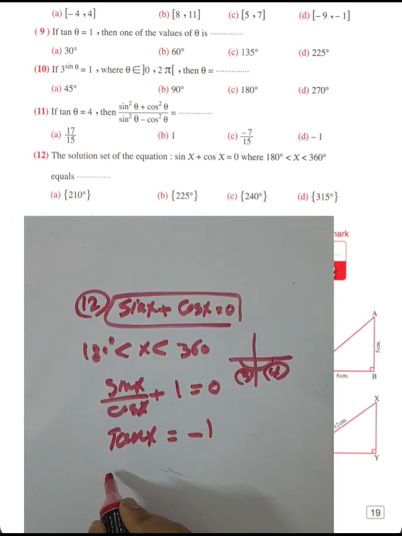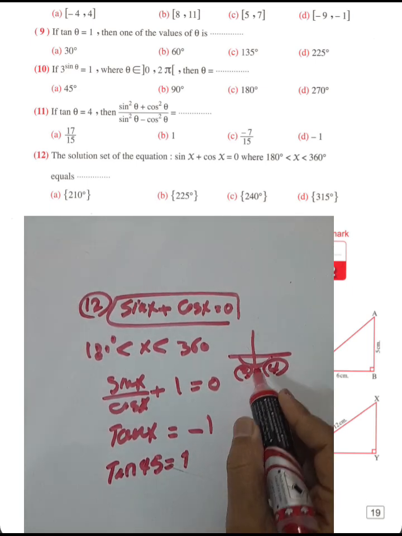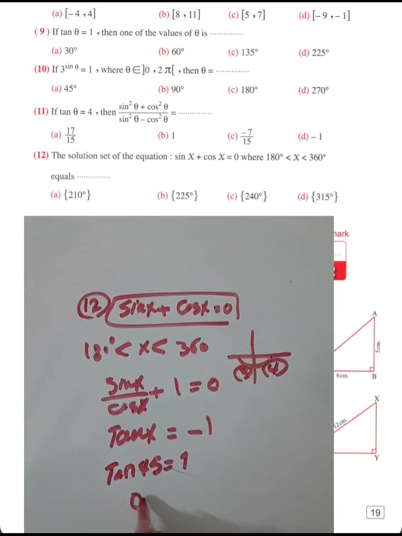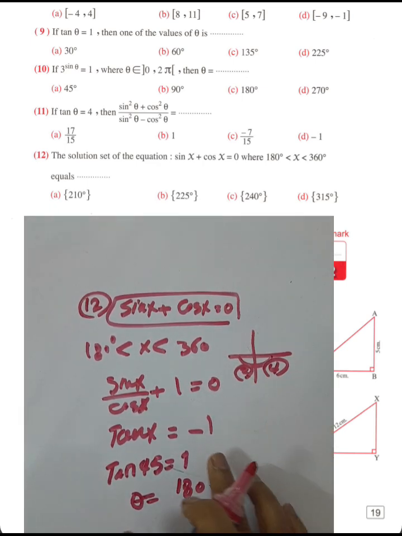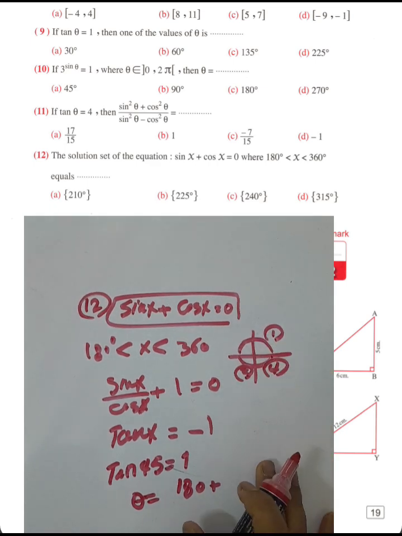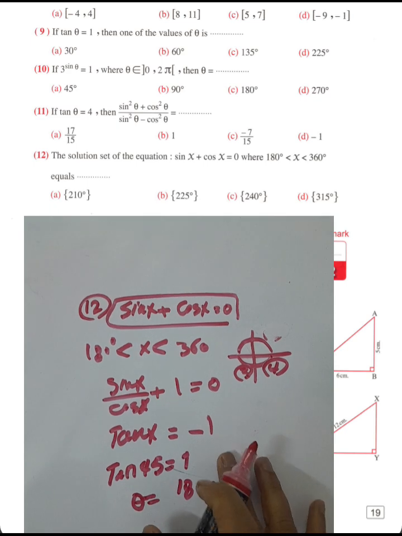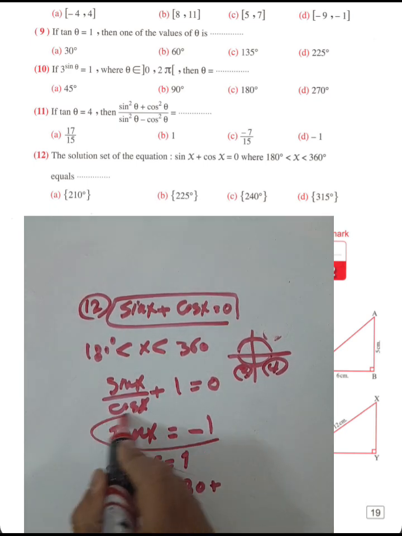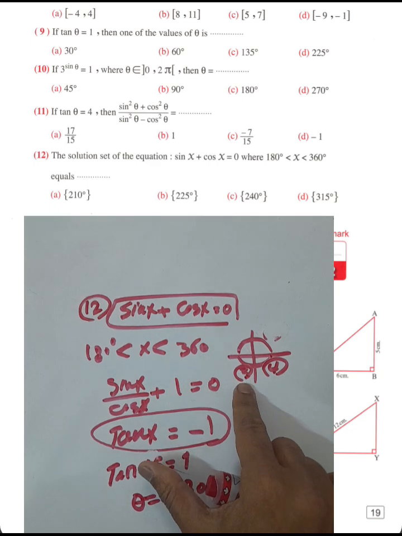We know tan 45 equals 1. But tan x is positive in the third quadrant and negative in the fourth.